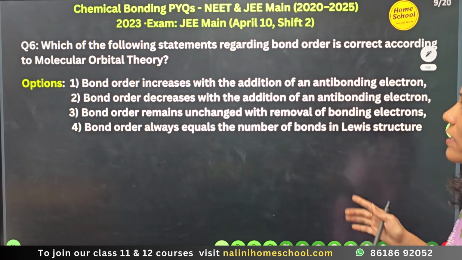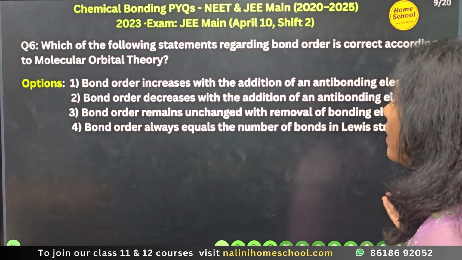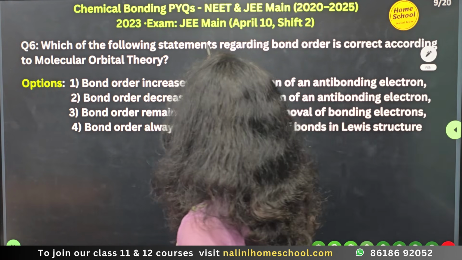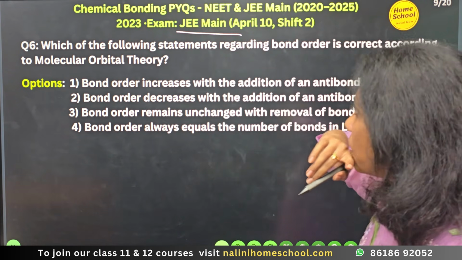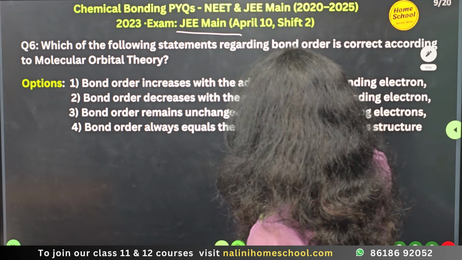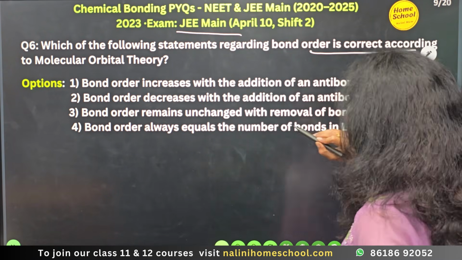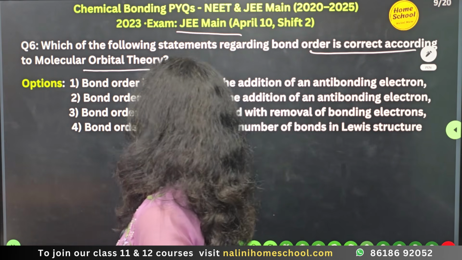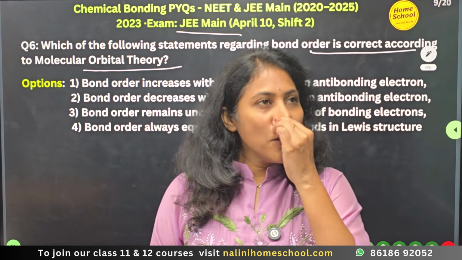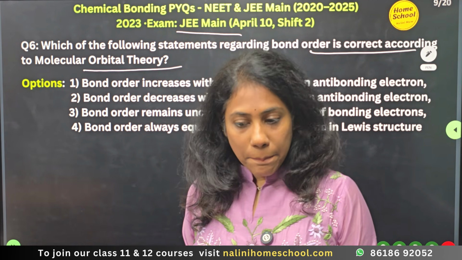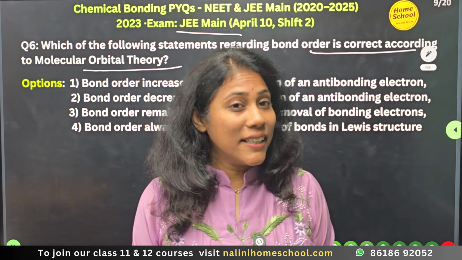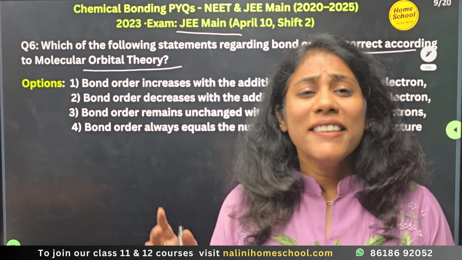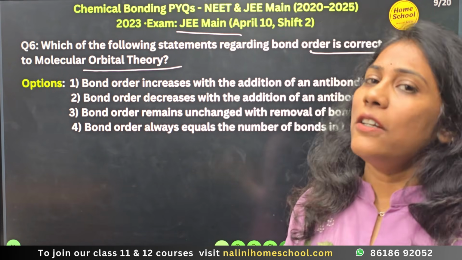Going on to the next question. Yeah, this is also a conceptual question. See, it was asked even in JEE Mains. Which of the following statements regarding bond order is correct according to molecular orbital theory? These questions look very simple, but whether it is asked which of the following is incorrect or which is correct, these questions are perfectly concept based.